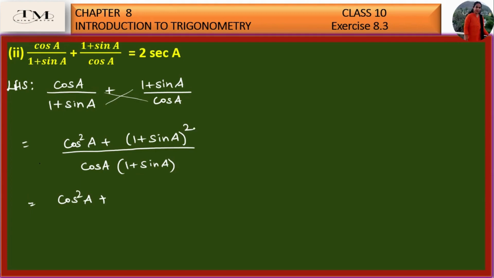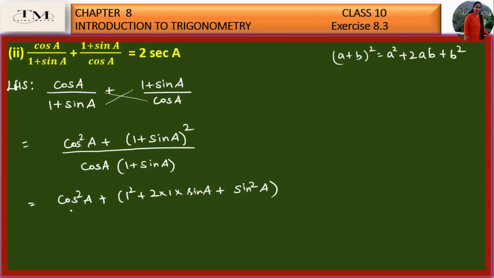(a plus b) whole square is a square plus 2ab plus b square. So applying this formula, it is 1 square plus 2 into 1 into sin A plus sin square A, divided by cos A into (1 plus sin A).